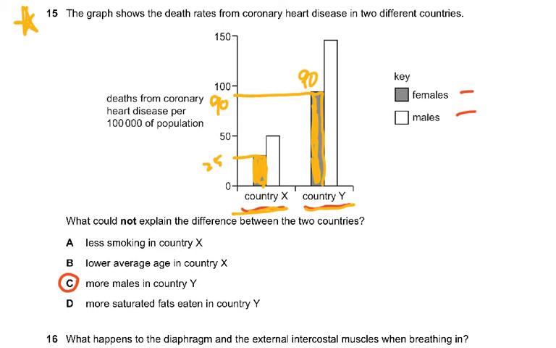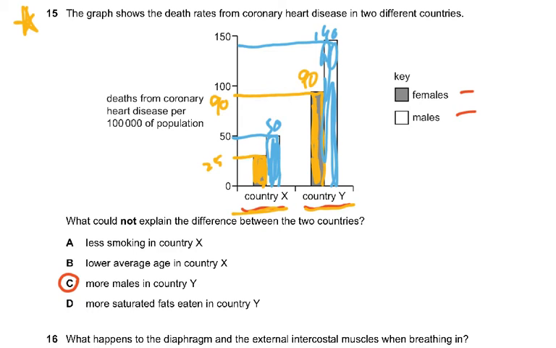But the males, let's look at the males now. The males in country X were nearly 50. But the males in country Y were nearly maybe 140. So 140 deaths.